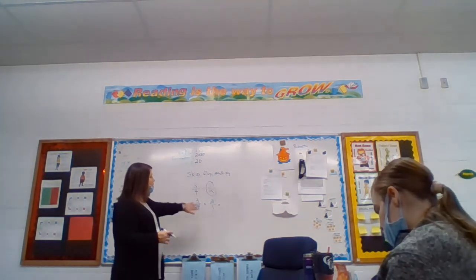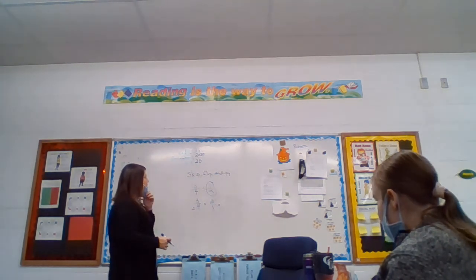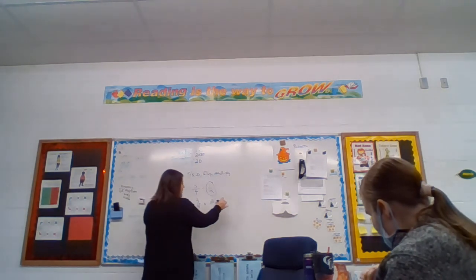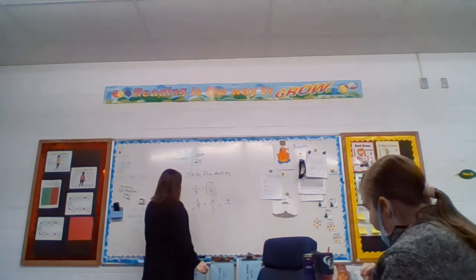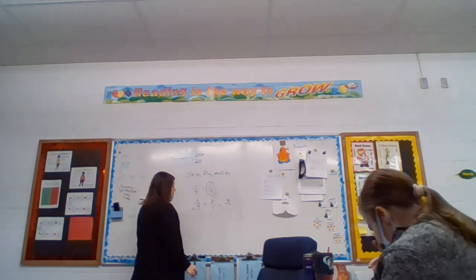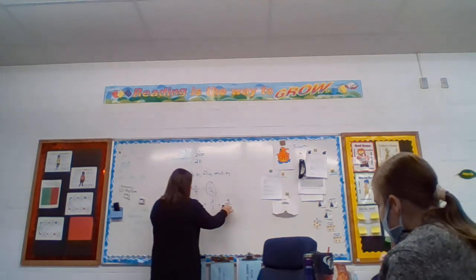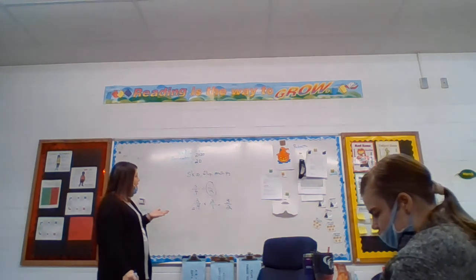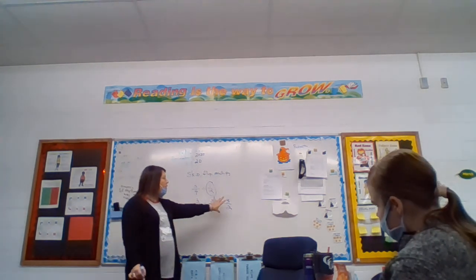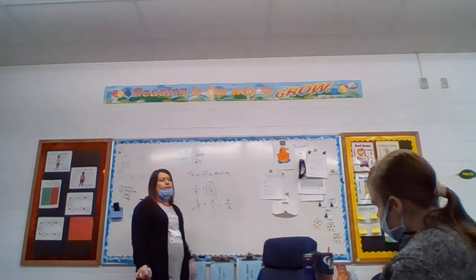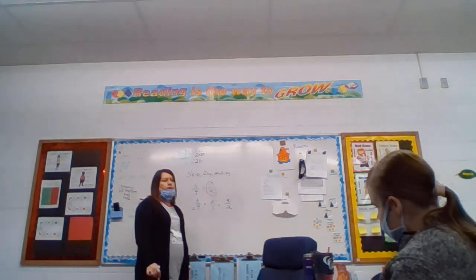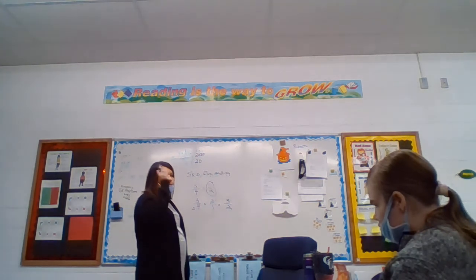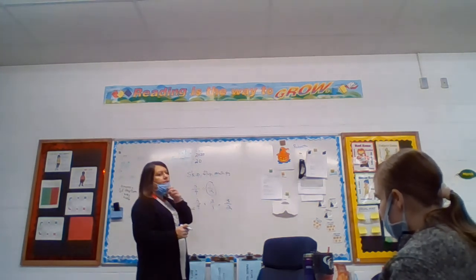So now we can just multiply straight across. So what's 3 times 1? 3. And what is 2 times 1? 2. Okay. So right now you see that we have, remember what this is called if the numerator is bigger than the denominator? Do you remember what that's called? An improper fraction, right?